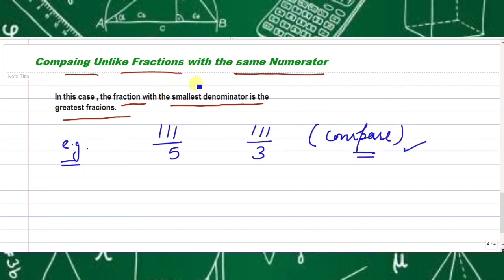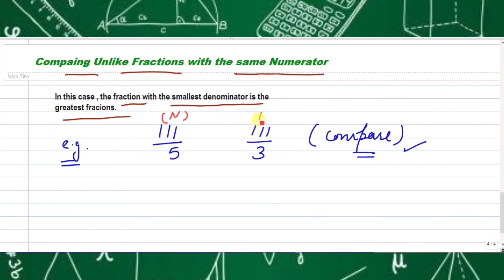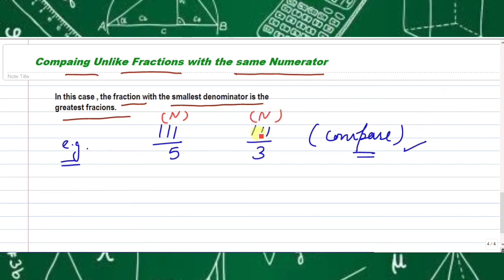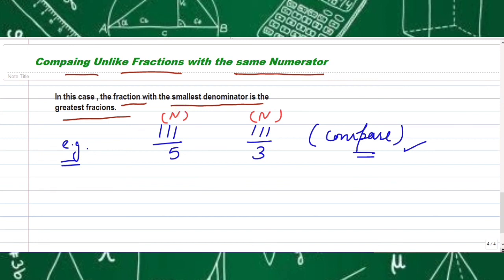Here you can see we are comparing unlike fractions with the same numerator. The numerator here is 111 and here also it is 111. So in this case, the fraction with the smallest denominator is the greatest fraction.